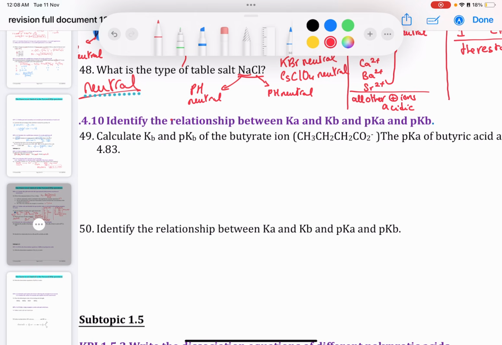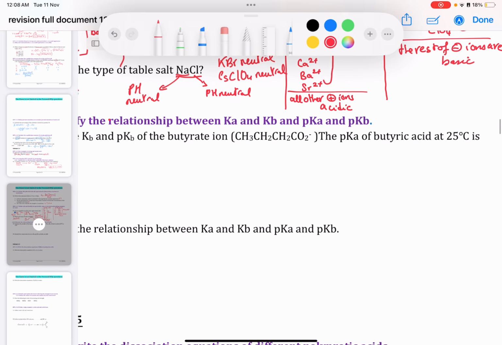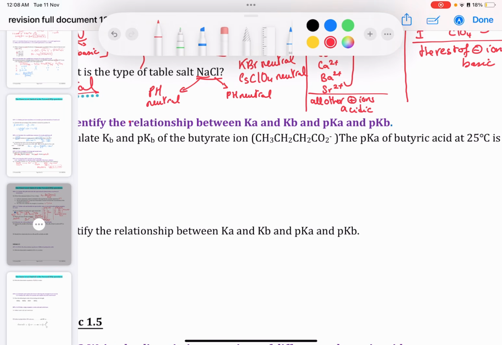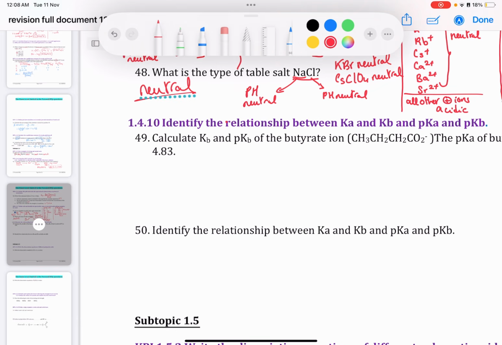Another question, calculate the Kb and the pKb of the butyrate ion. Here's the formula. And the pKa of butyric acid is 4.83. So here I have the pKa, it is given to me. pKa is 4.83.